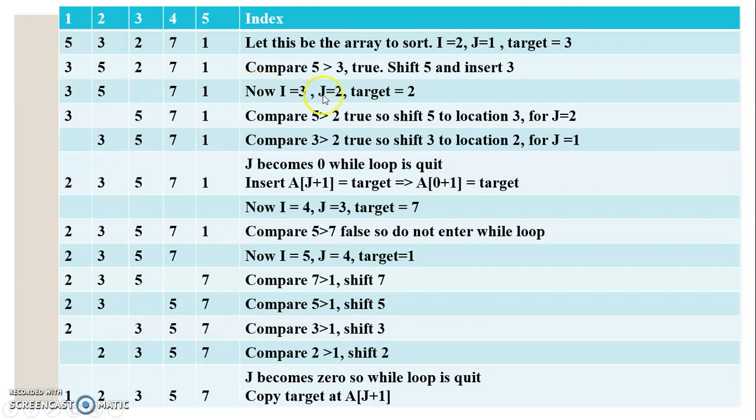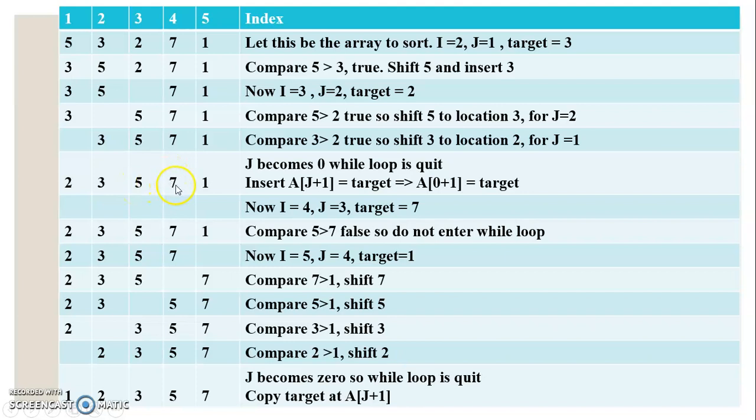So the target is 2. Now we will compare 2 with 5. Since 5 is larger than 2, we will shift 5 towards the right and this position will become vacant. Then we will compare 2 with 3. Since 3 is larger, we will shift 3, this position will become vacant, and we will copy 2 into this position. Now 2, 3, 5 are already sorted.